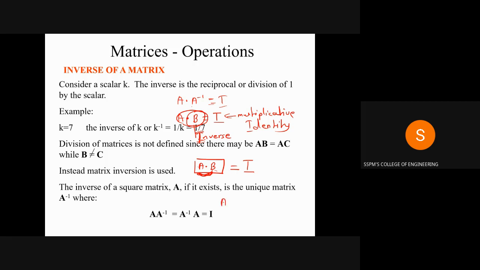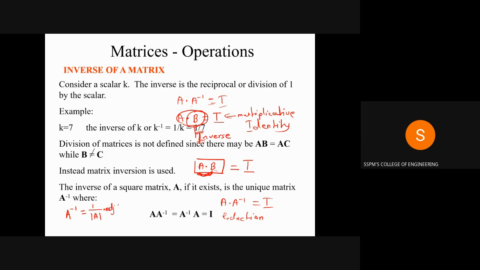Generally, when we have to find A inverse, we write A into A inverse is equal to I, and then we use some methods to find A inverse. Sometimes we use the reduction method. What is the formula for finding A inverse?